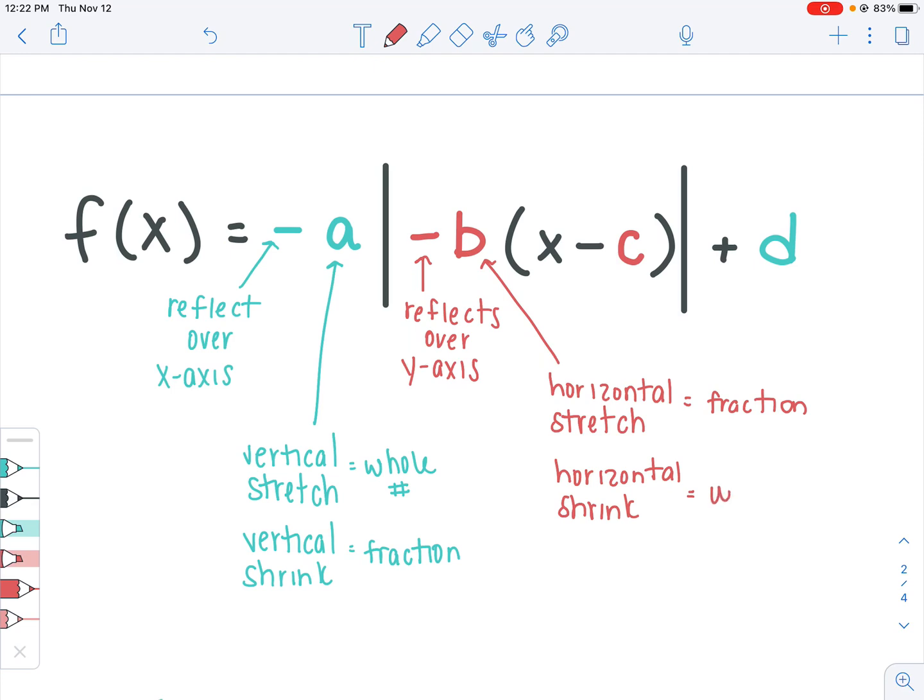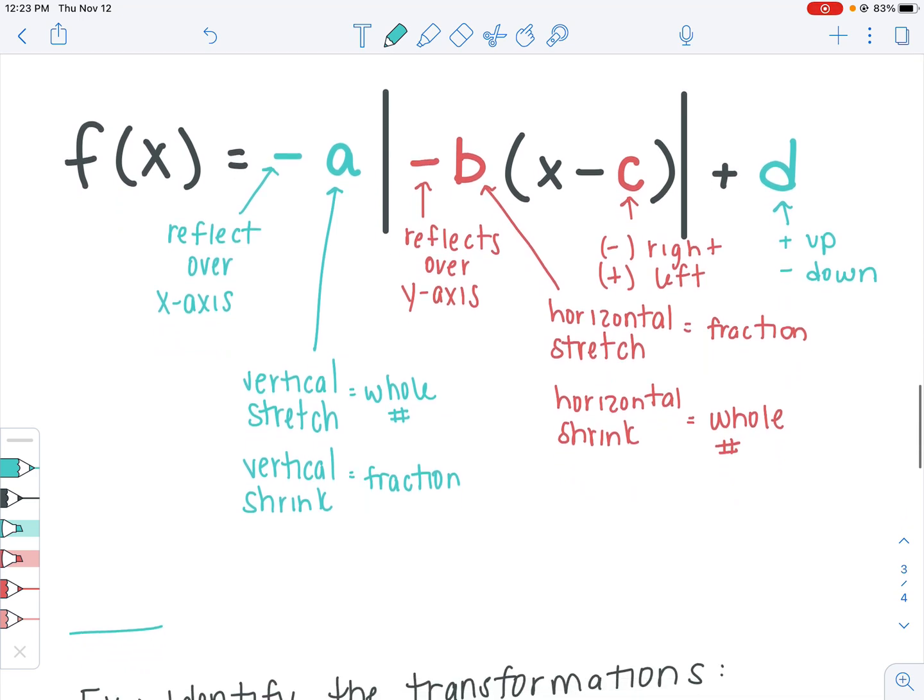It's a shrink when it's a whole number because it's opposite. The C, when it's negative, moves it right. When it's positive, moves it left. And the last thing that I'm going to look at is my up and down. Positive for up, negative for down. So looking at all of these things, I can decide what's happening.